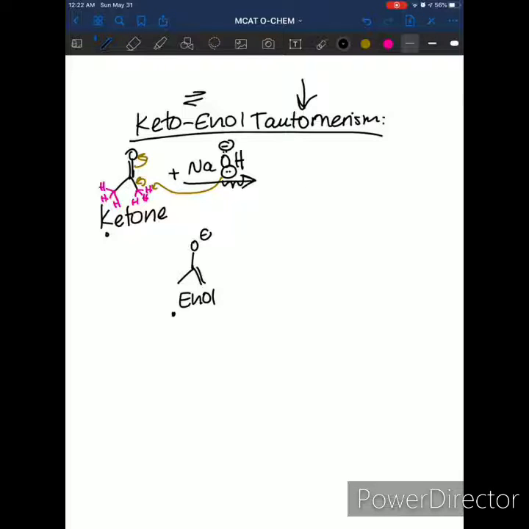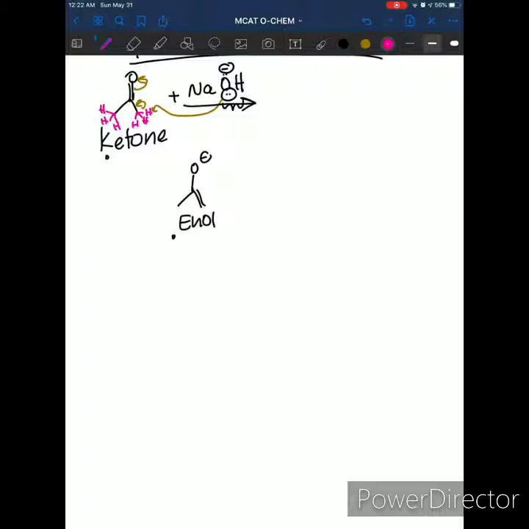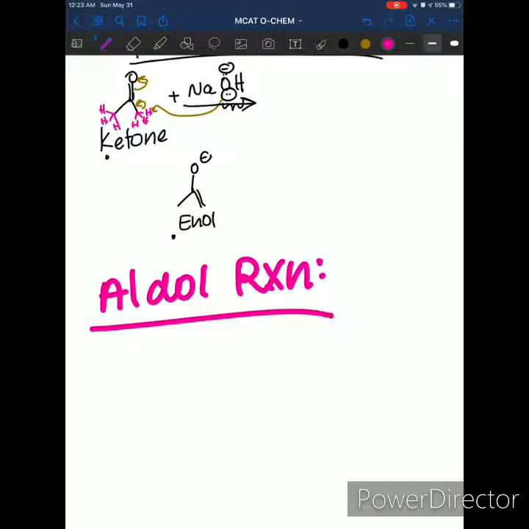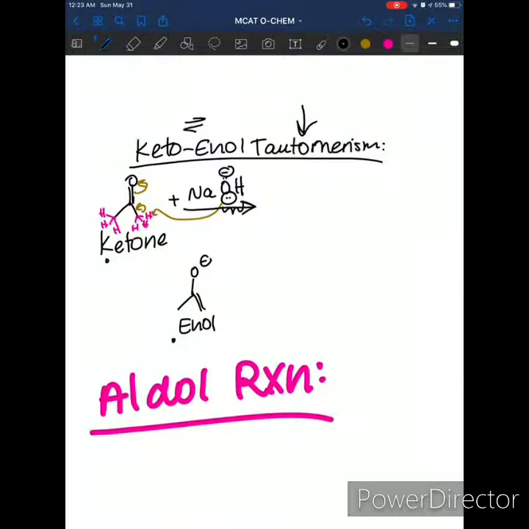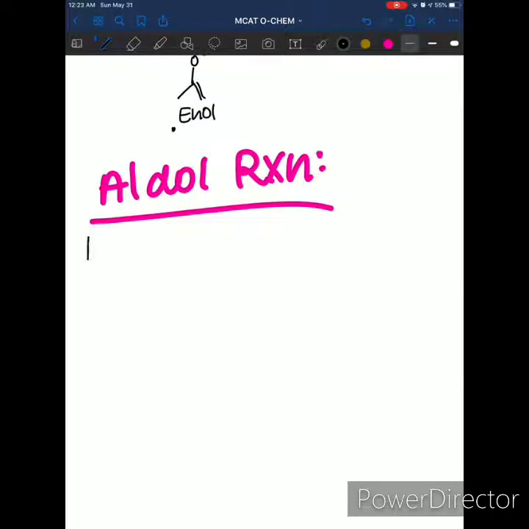Okay, so now we can talk about some applications of this tautomerism. Let's talk about something called the Aldol reaction. So this says that a ketone plus a ketone, or an aldehyde plus an aldehyde, or a ketone plus an aldehyde.